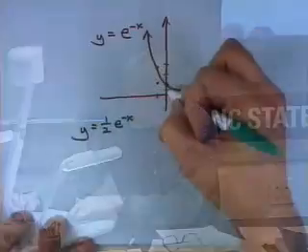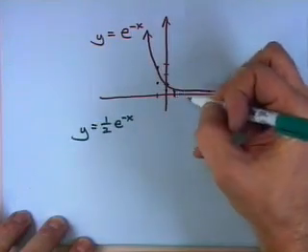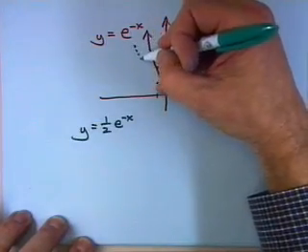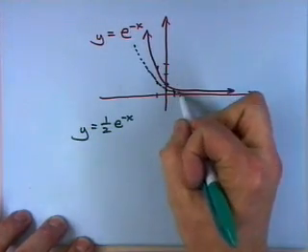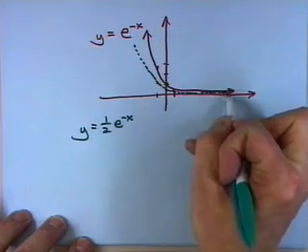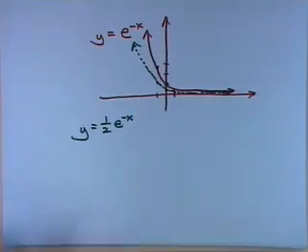So we don't want all that. We want half of it. We want half of this, and so on. So we end up with a function that looks like that. Somewhat like the original decay function, only you want to think of it taking a little bit longer to decay. The y values are less at each individual x value.